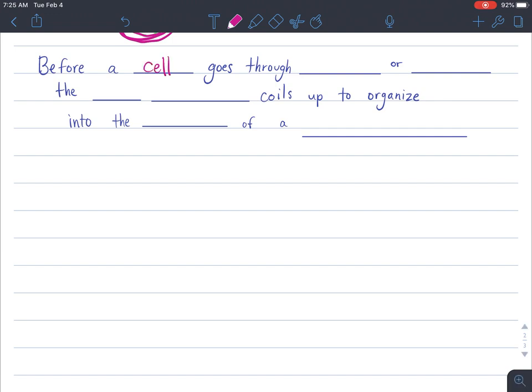before a cell goes through either mitosis or meiosis, remember there's the two cell division processes, before that cell divides, the DNA chromatin, remember that chromatin, that stuff I just talked about? That's like the thread-like structure of DNA.